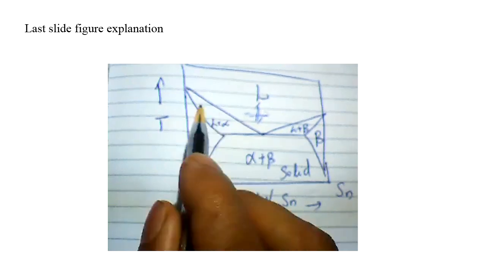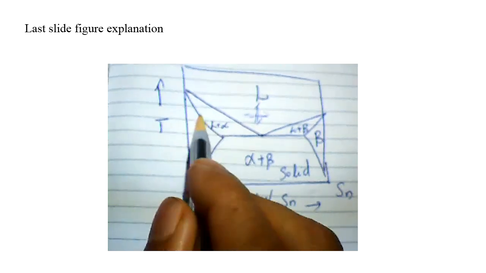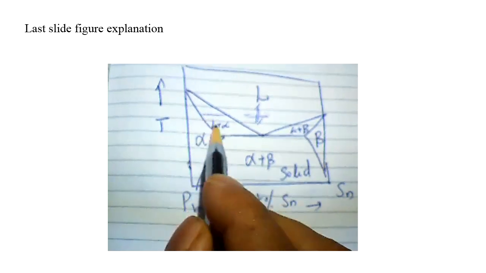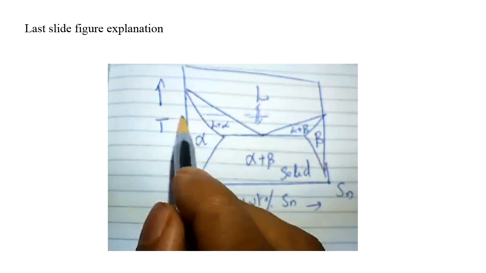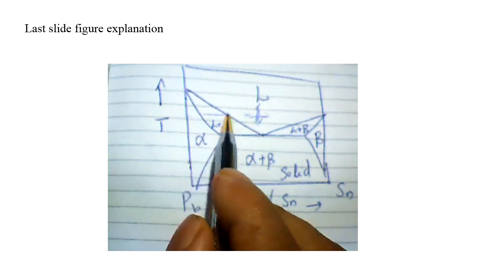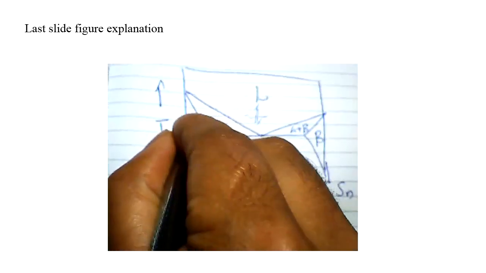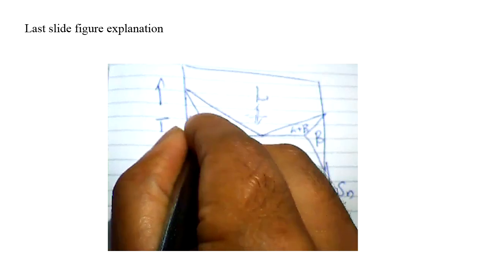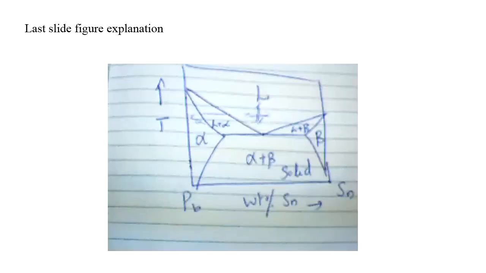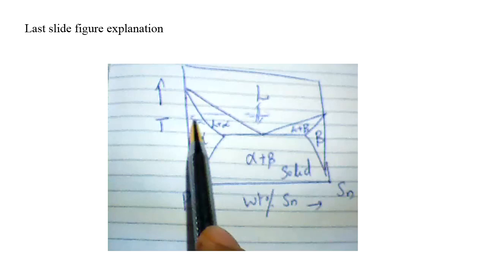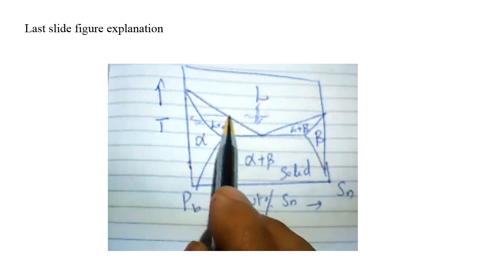For example, if we fix the temperature here, so this line represents a temperature. We fix the temperature to this particular value, so that we'll get one C alpha this side. This is C alpha here, and you'll get a Cl here.